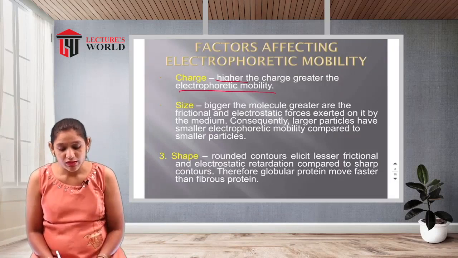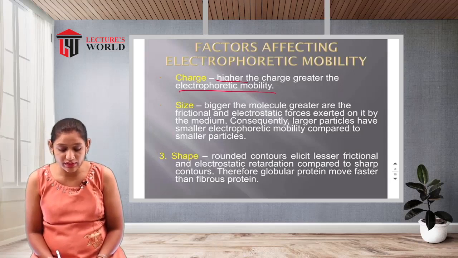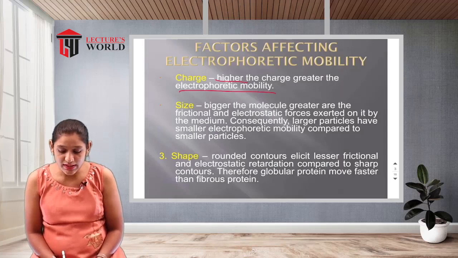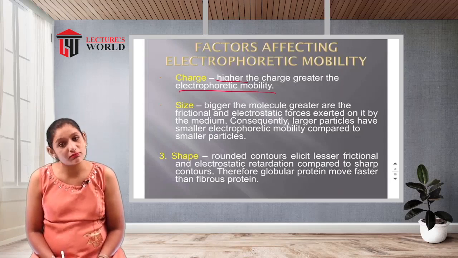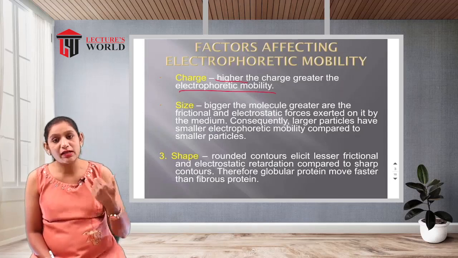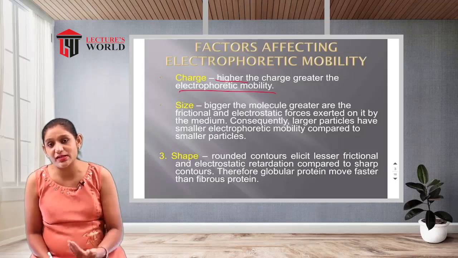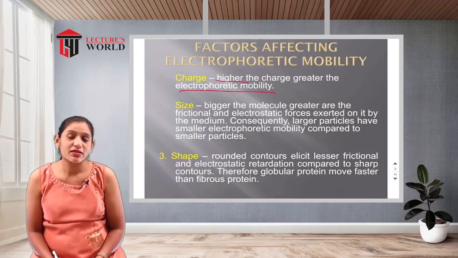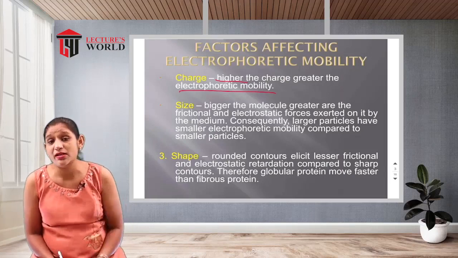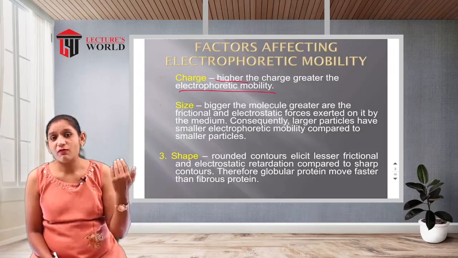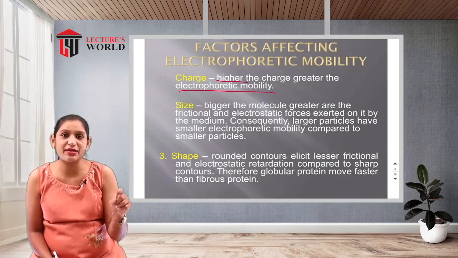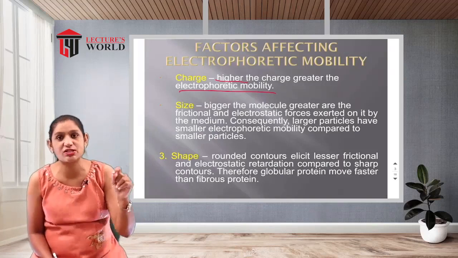Next, size. The bigger the molecule, the greater the frictional and electrostatic force exerted on it by the medium. A bigger molecule means higher molecular weight, and the separation is very near the well, where the sample, the protein to be separated, is loaded in the stationary phase.